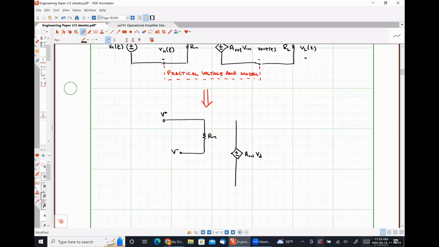And the differential voltage is simply the voltage difference measured between our non-inverting input terminal and our inverting input terminal. And I want to be very clear here. This is always the polarity. Positive polarity of VD is associated with the non-inverting input terminal. Negative polarity of VD is associated with the inverting input terminal.